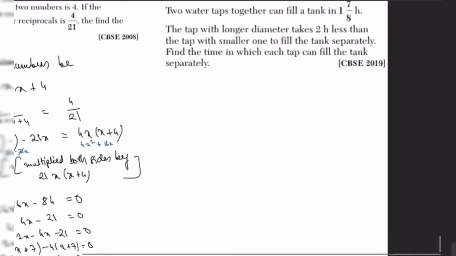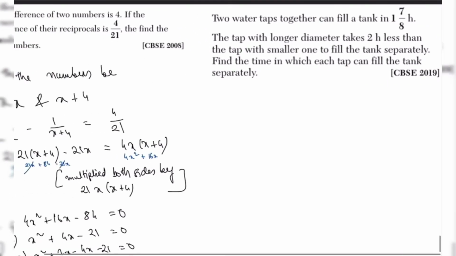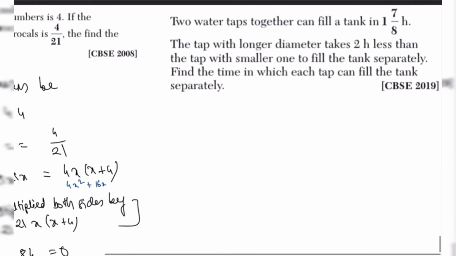I shouldn't have. Okay. So two water taps. Okay. This type of question I have also solved in the previous video. So let's do it. Tap with longest diameter takes 2 hours less than the tap with smaller one. Okay.